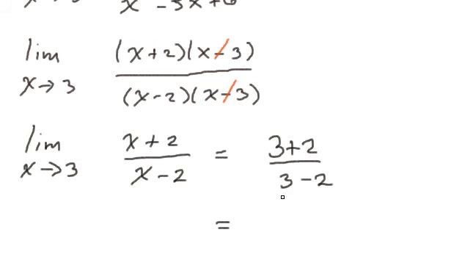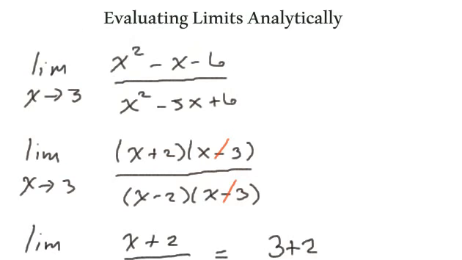Plugging 3 in, we end up with 5 over 1, which is just 5. So we can go up to our original limit and say that as x approaches 3 of this function, we're going to be getting 5.